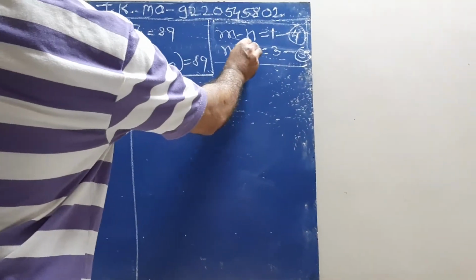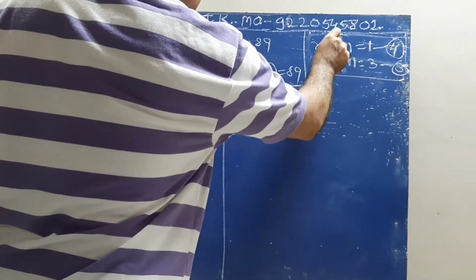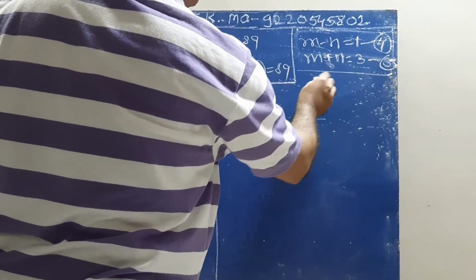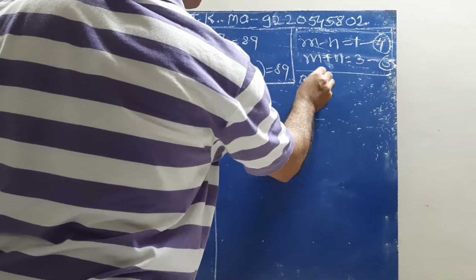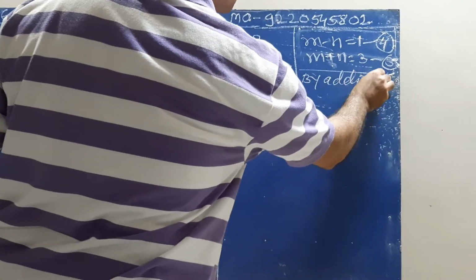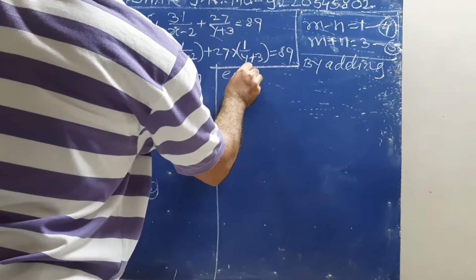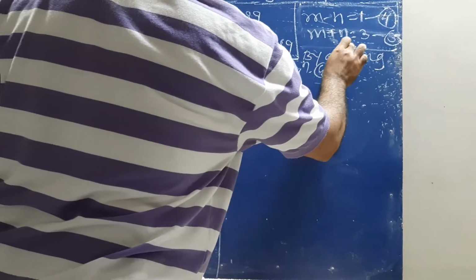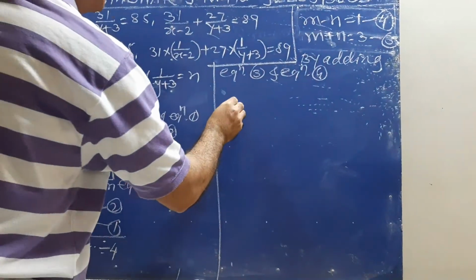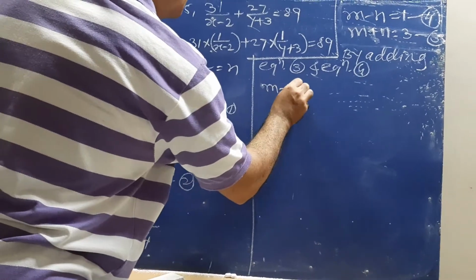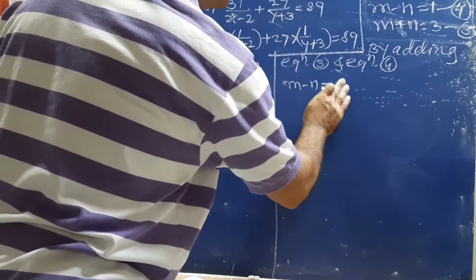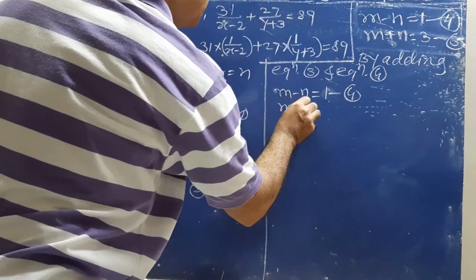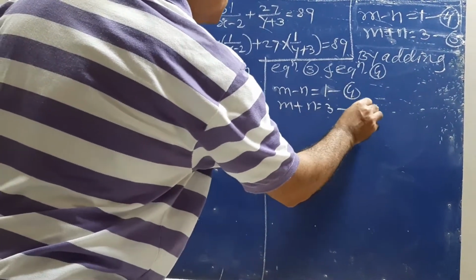Here the coefficient of n is 1 but the signs are opposite, means we can add equation 3 and 4. By adding equation 3 and equation 4, we write m minus n is equal to 1, equation number 4, and m plus n is equal to 3, equation number 3.